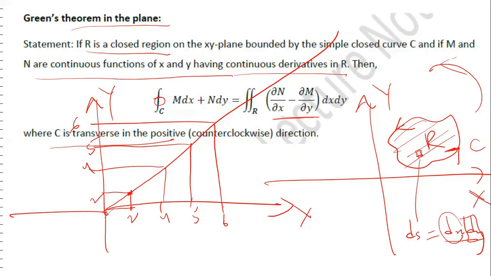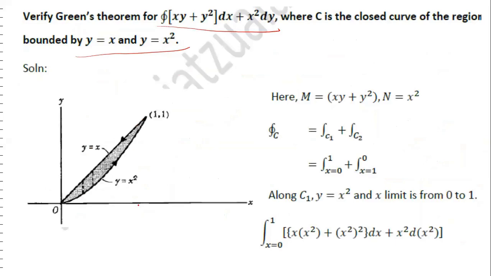Now when you consider y equal to x as the equation of a line, then this angle will be 45 degrees, because the x value is always equal to y. That means this angle will be 45 degrees here. All right, now you have another curve.